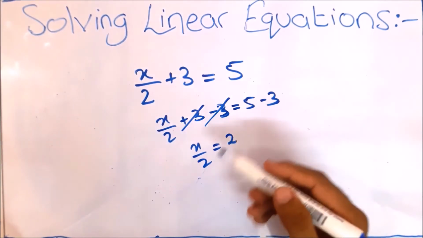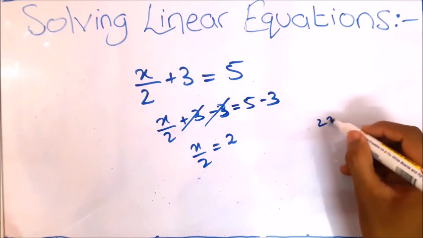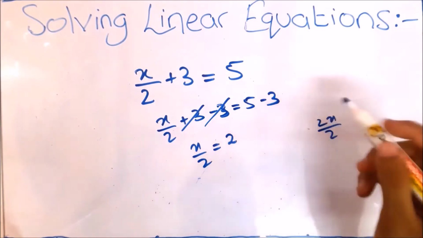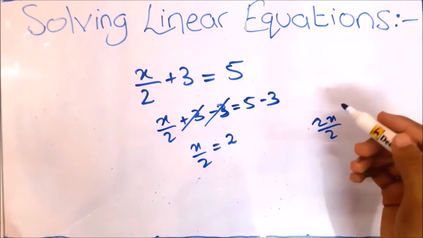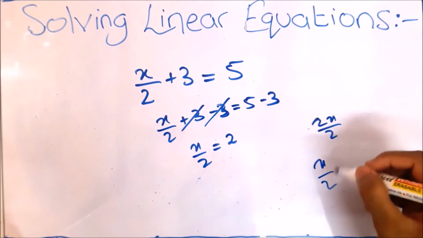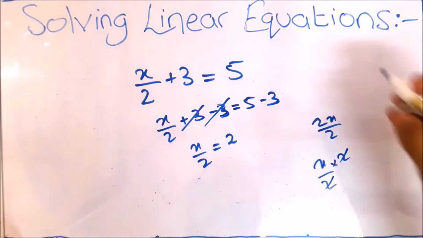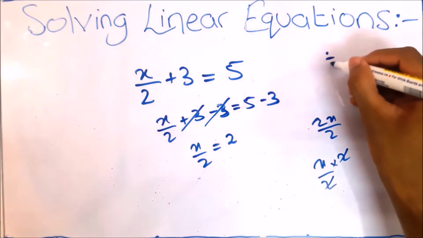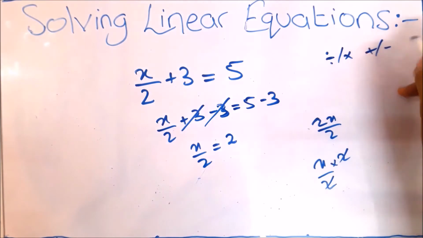So here x is being divided by 2. When something was being multiplied with x, we divided on both sides to cancel the effect of this 2 and get 1 with it. Here we have x over 2, so to get rid of this 2, we multiply with 2. That's just the opposite. The opposite of division is multiplication and the opposite of addition is subtraction.